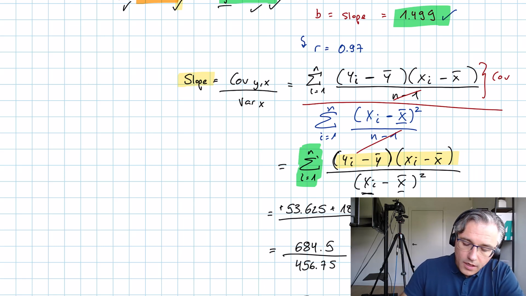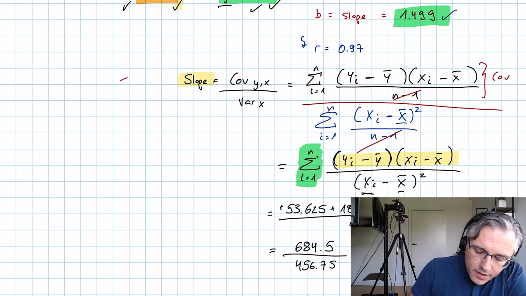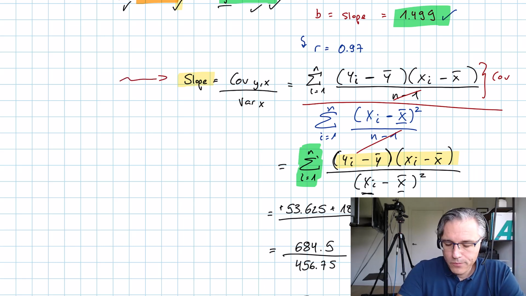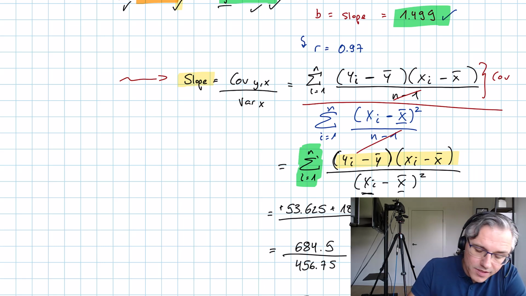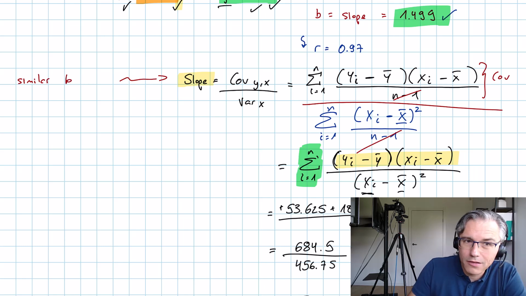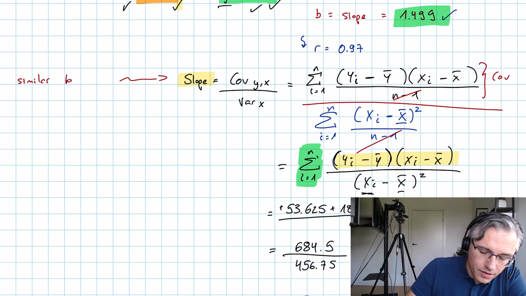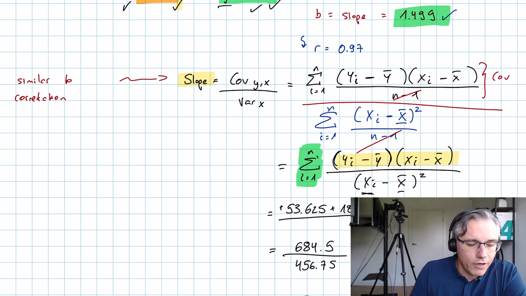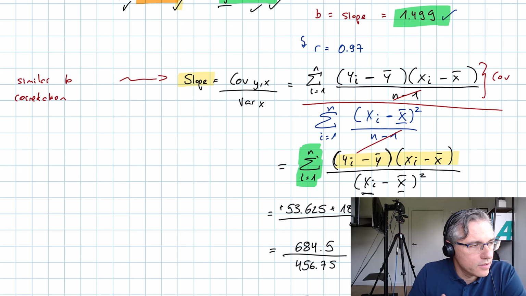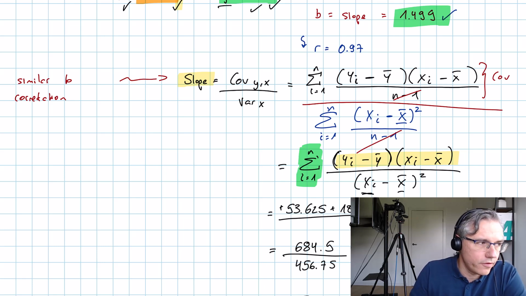So I will not necessarily need to show you my calculator anymore, because we won't be doing any computations as such. What I want you to appreciate next is that the slope, or the formula for the slope, is very similar to the way in which we compute correlation, with a very important difference that comes in the denominator of this fraction.